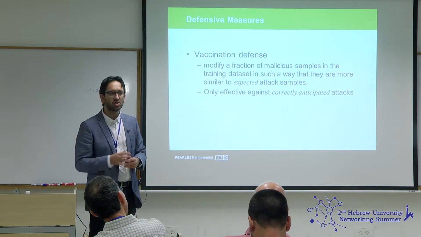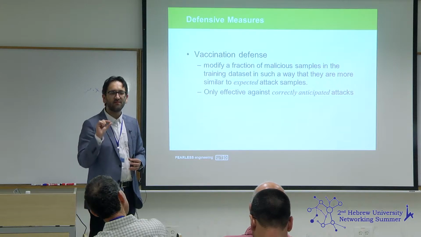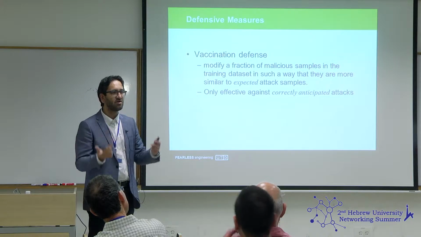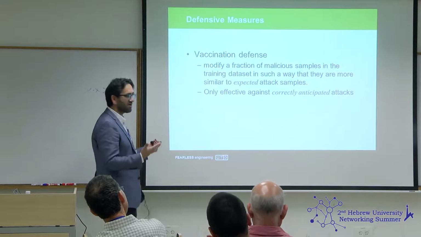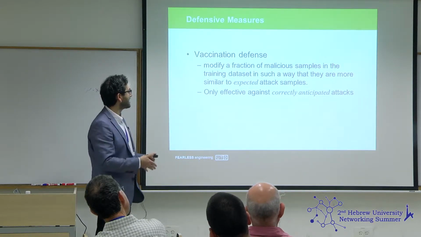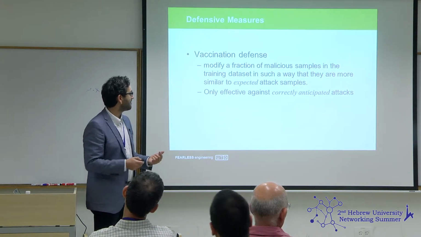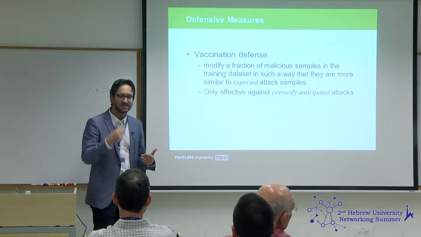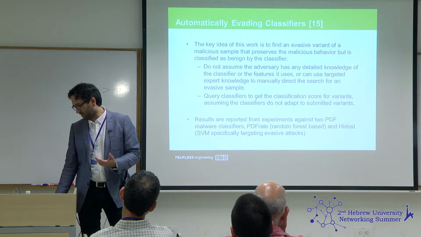If you recall, in vaccination, they sometimes inject some virus samples so your body's immune system learns about it and gets ready. So the idea here is maybe we should do something like that for machine learning and inject some things. But it turns out that if the attacker knows this, the attacker can bypass it again by changing the attack. So it wasn't very helpful.